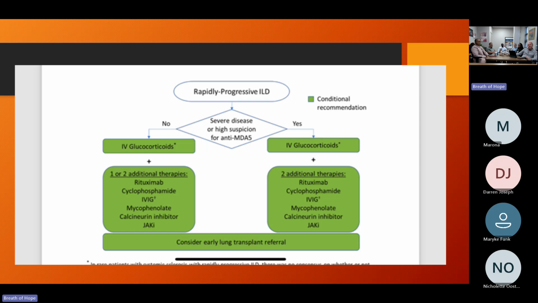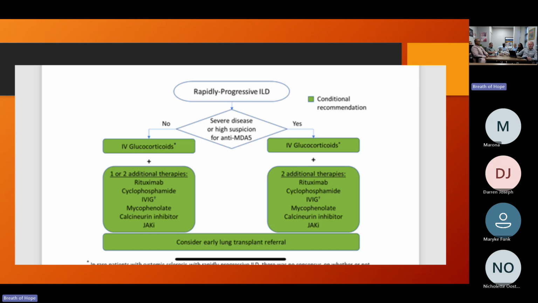What I would recommend and what they also recommend here is a pulse of steroids, and from the outset, you give 2 therapies. So usually rituximab, and you can give rituximab plus cyclophosphamide. It's called potent B-cell depletion therapy. You can give that, or you can give rituximab plus a calcineurin inhibitor, which is what I would like to give.